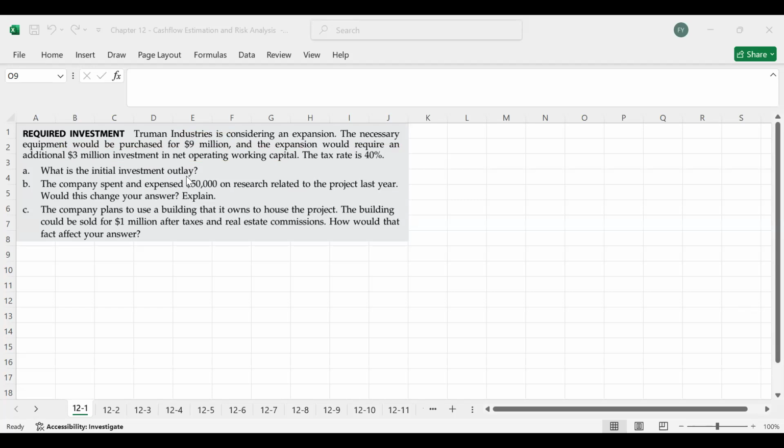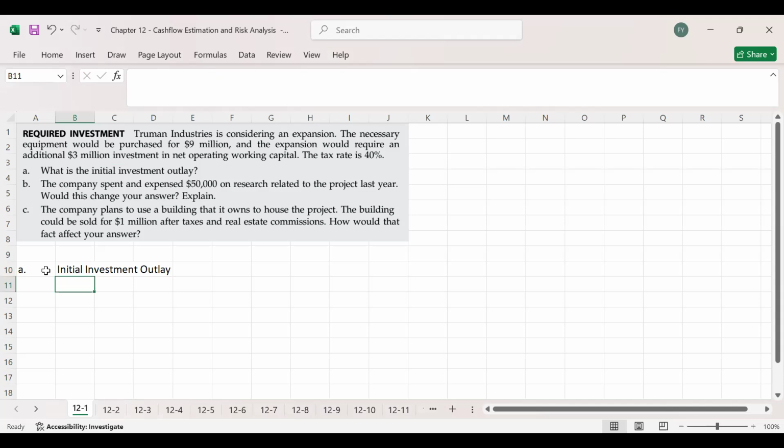As we have already discussed, these are the outflows related to the investment or expansion, and this is incurred at year 0, time 0. So now we are going to calculate requirement number one, which is the initial investment outlay.